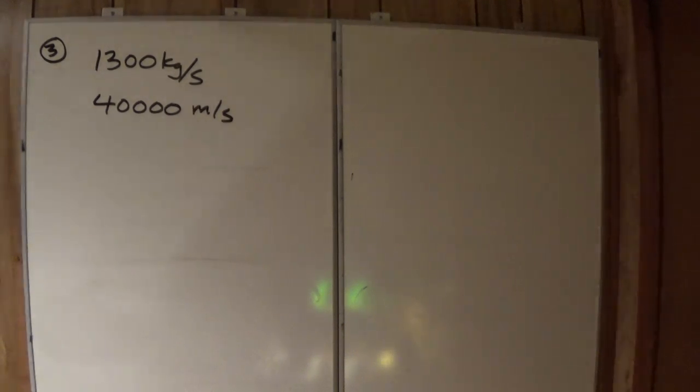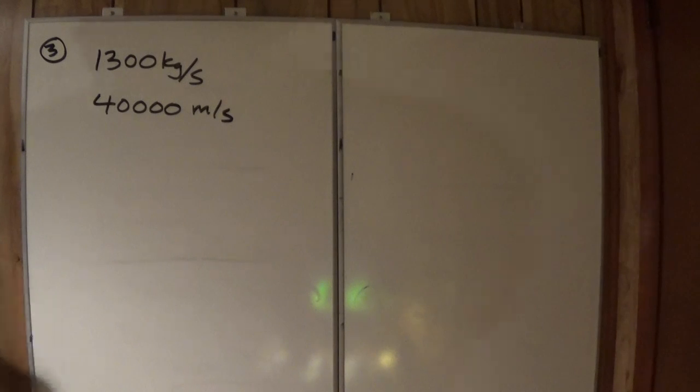Problem 3 involves figuring out how much force is exerted on a rocket, given that the propelling gases are expelled at a rate of 1,300 kilograms per second, with a speed of 40,000 meters per second at the moment of takeoff.